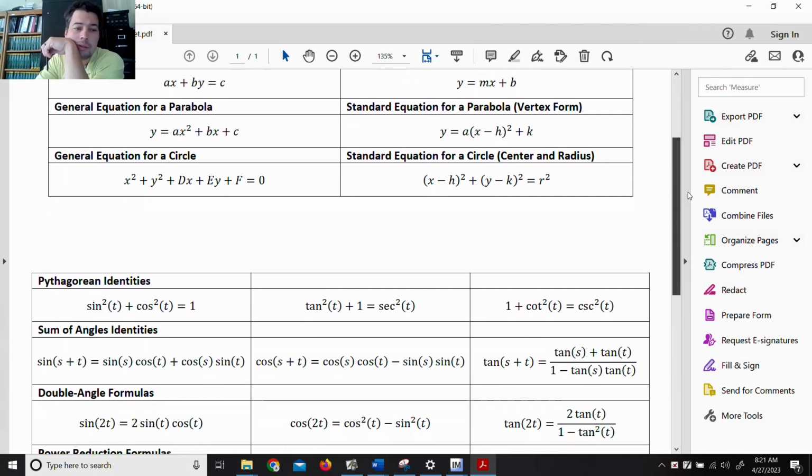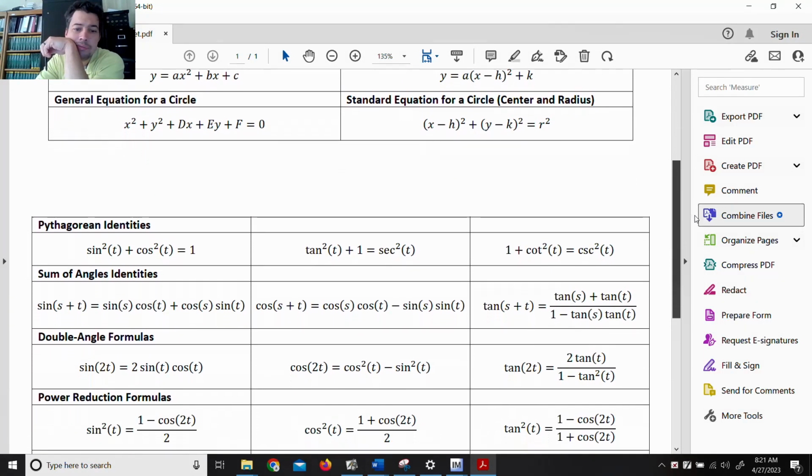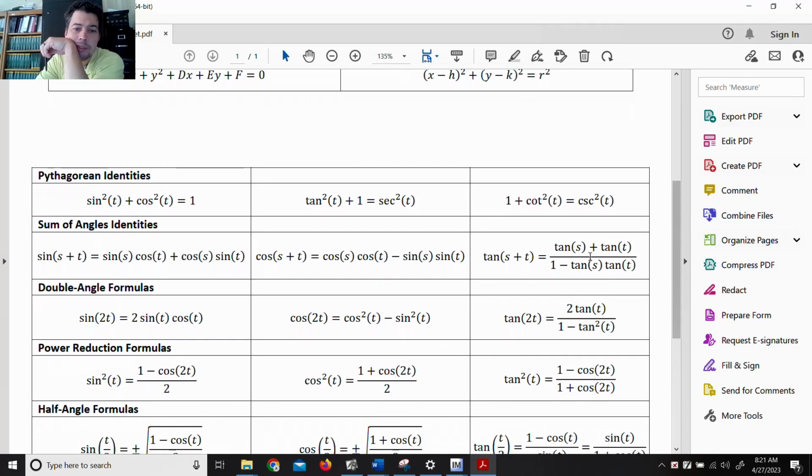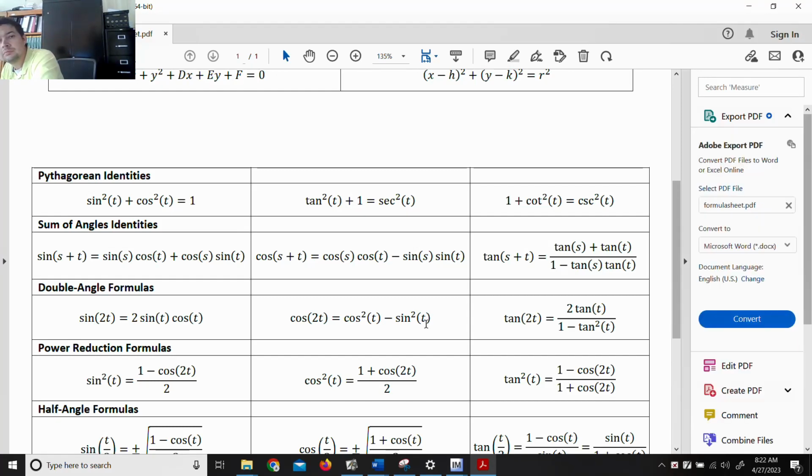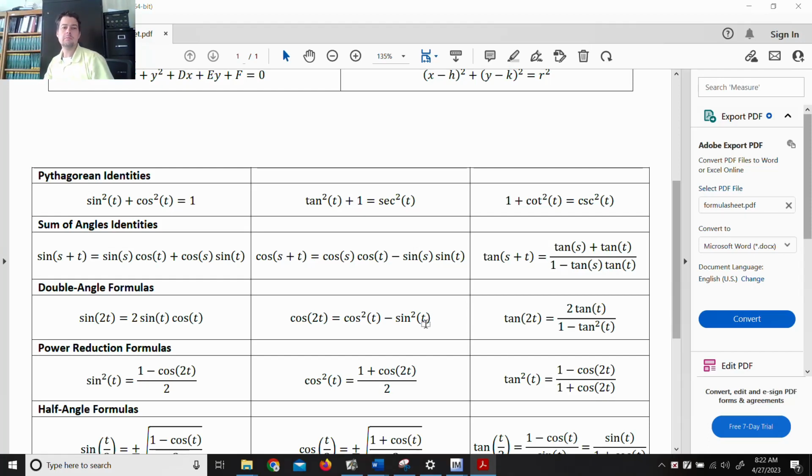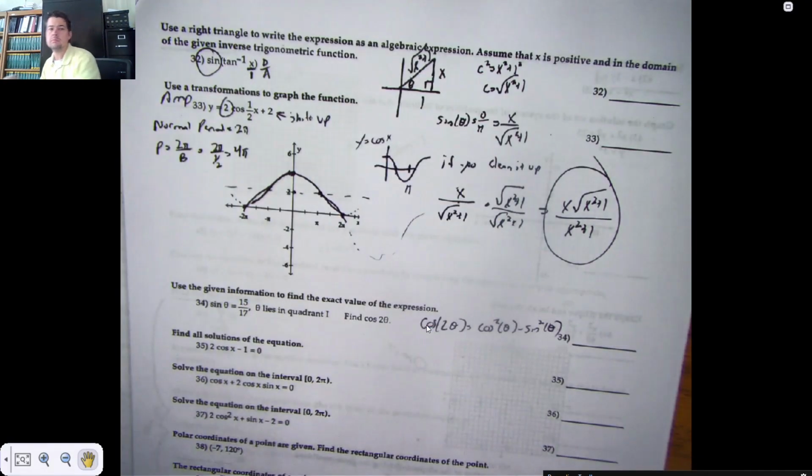We were asking for the cosine of twice theta. And this is the one they give you right here. That's the one we'll use. So I just wrote it down.